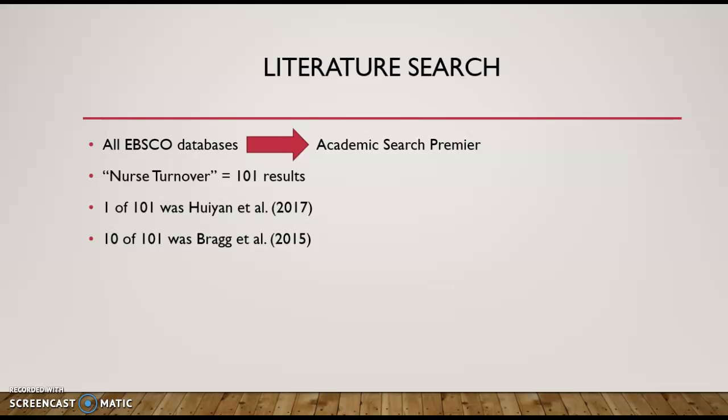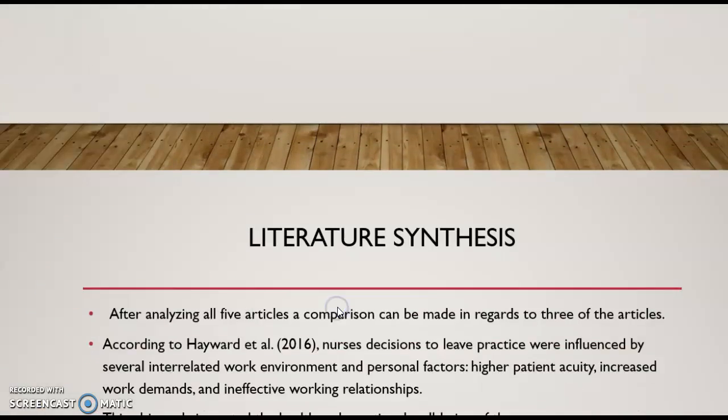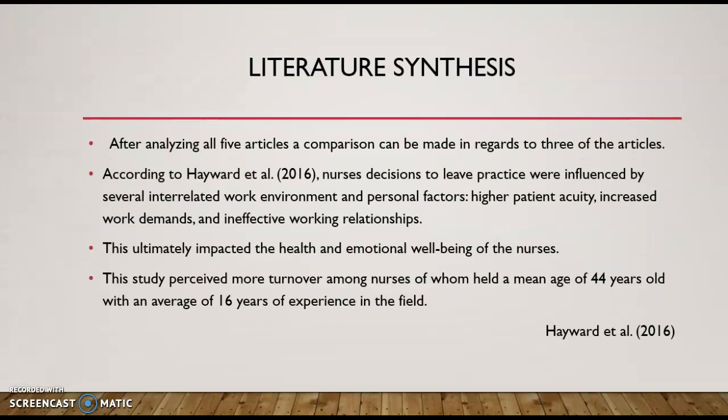The first one was Hian, which was a qualitative and quantitative article that helped identify key concepts and actually focused on nurse population ages that were more prone to nurse turnover. The second one was an article based on identifying nurses' intentions after they had actually resigned and what they were going through, their feelings.